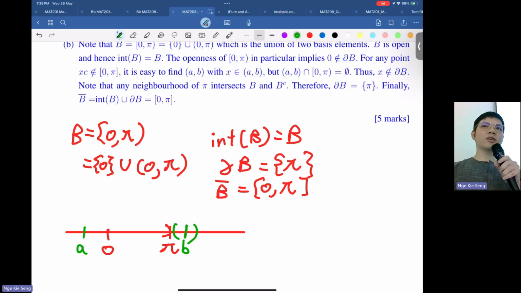Then others, not quite. No intersection. So hopefully you can understand me. I'm trying to understand you, but hopefully you can understand me. Otherwise, I'm really a lone ranger here.